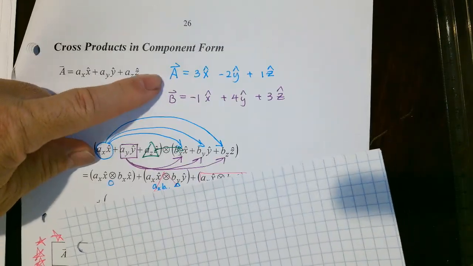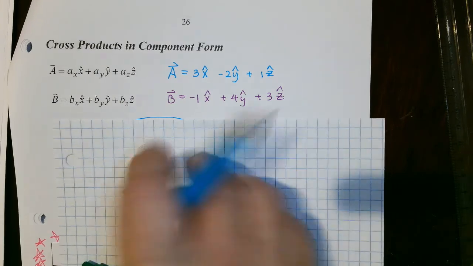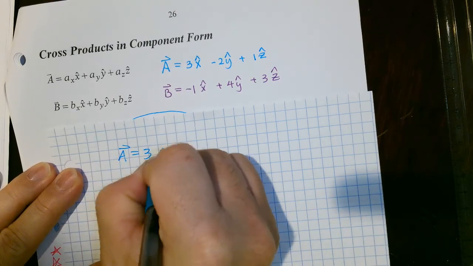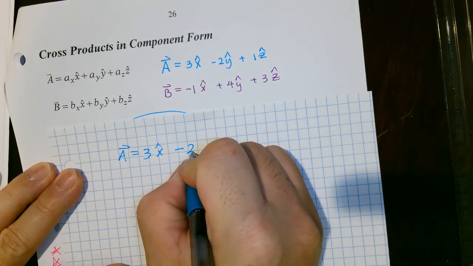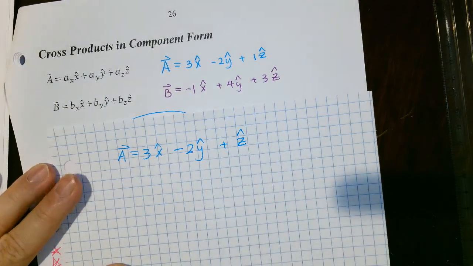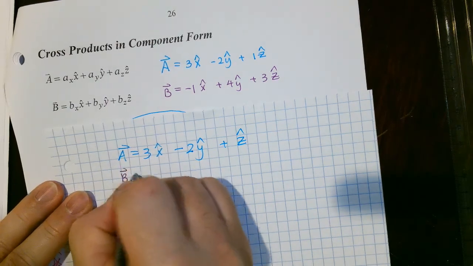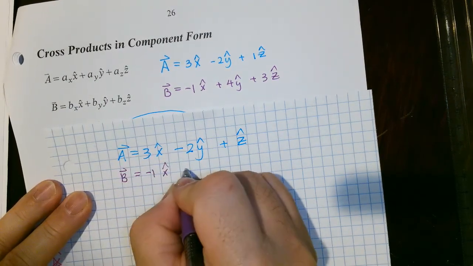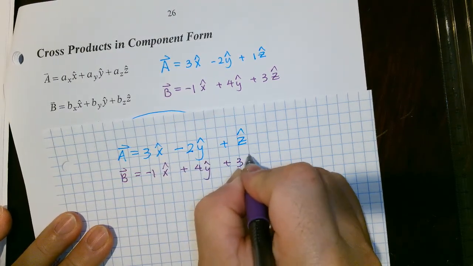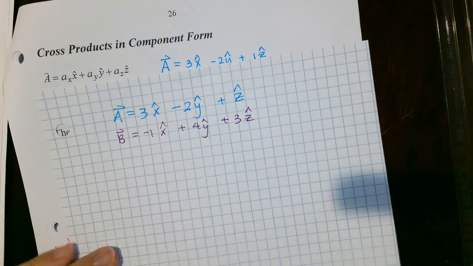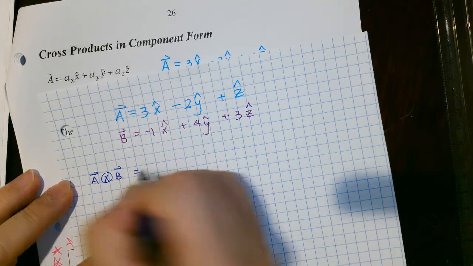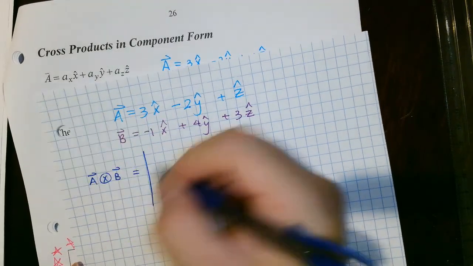Now that we see this, let's see if we can use these vectors here and use matrices to figure out, and then the b vector is, so when I do a cross b, I can use matrices.